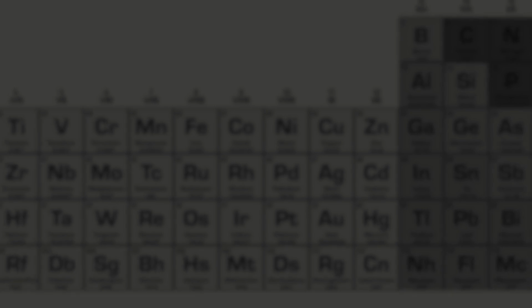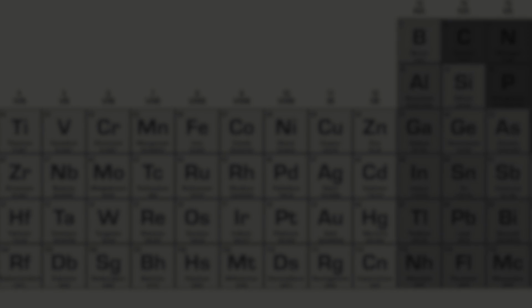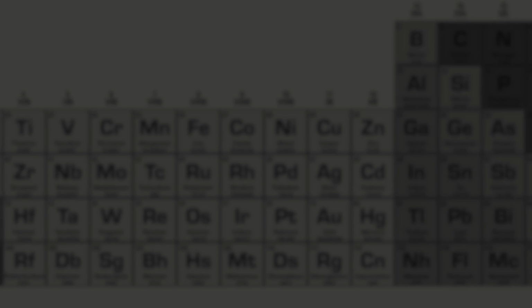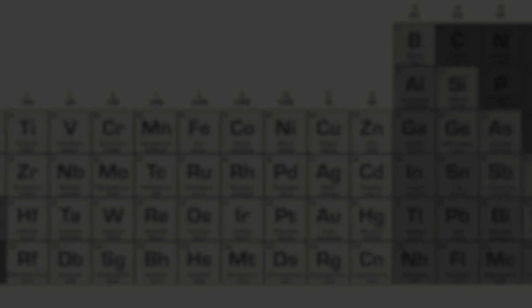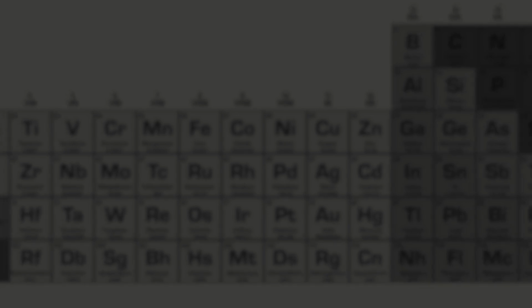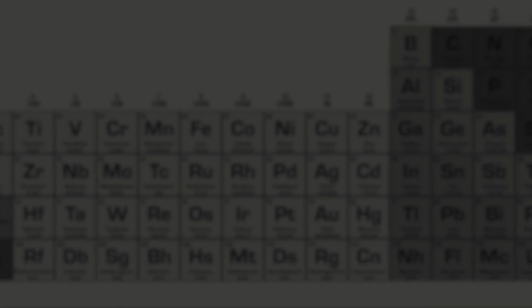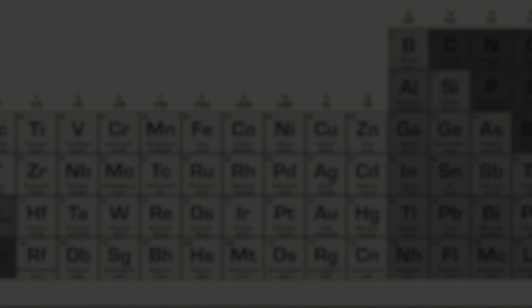It helps us understand where each element belongs and how it behaves. It gives us a way to talk about atoms, bonds, reactions, and matter itself. It is a map of the building blocks of the universe, presented not in colors and flare, but in calm, quiet rows and columns.